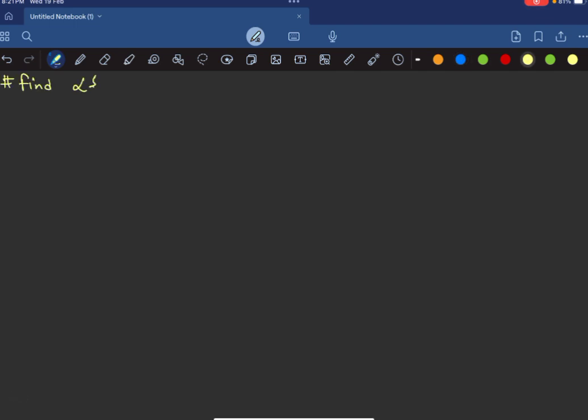Find the Laplace transform of 3t power 5 plus 4 e power 5t minus 3 sine 6t multiplied with e power 2t.